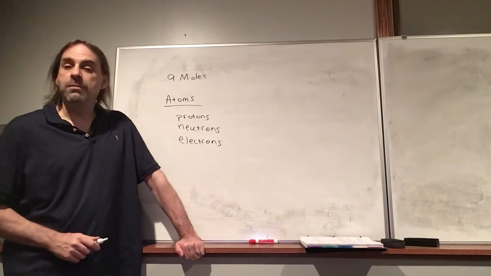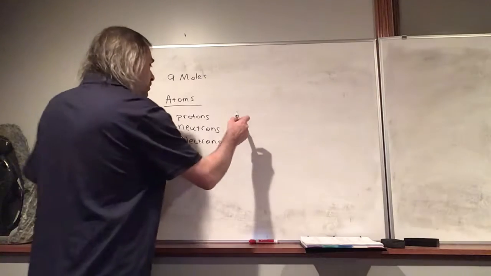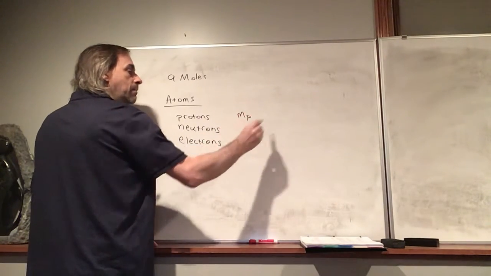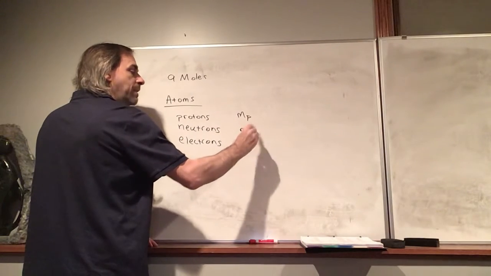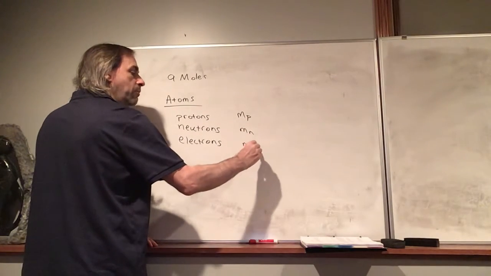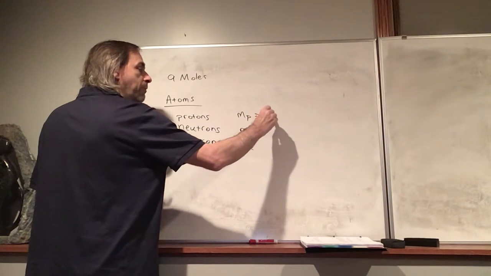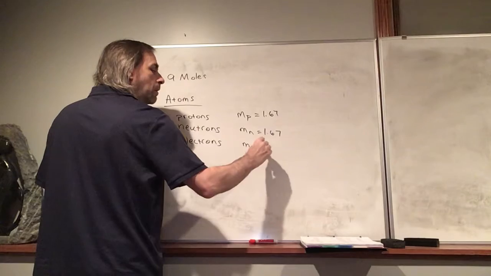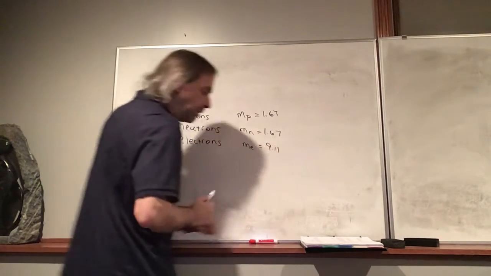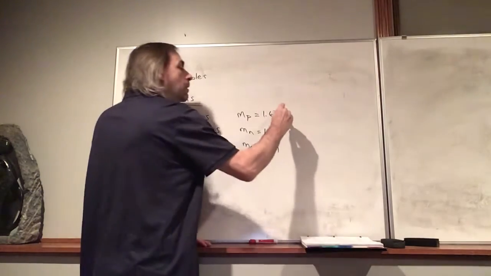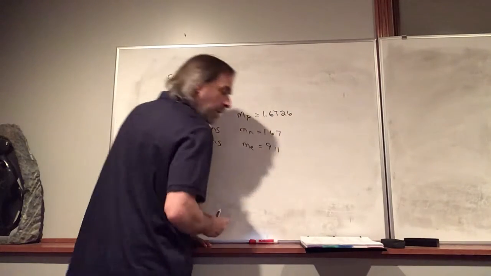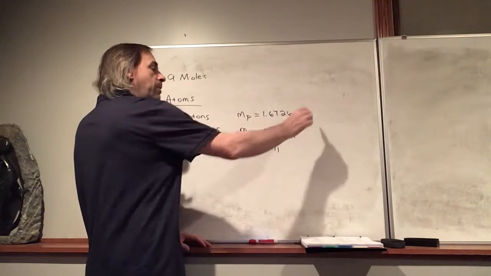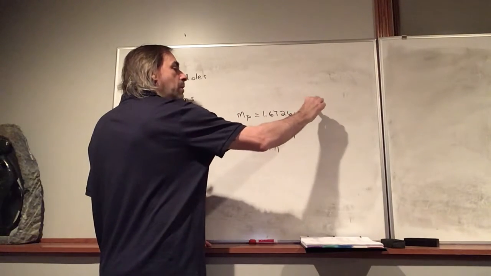Now, atoms are incredibly tiny. Let's look at the mass of these: the mass of a proton, the mass of a neutron, and the mass of an electron. I have to look these values up because we have to go to several significant figures to even notice a difference between a proton and a neutron.